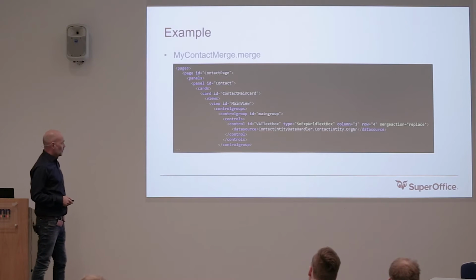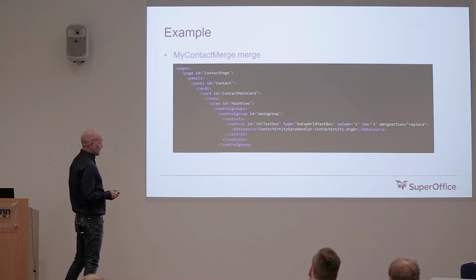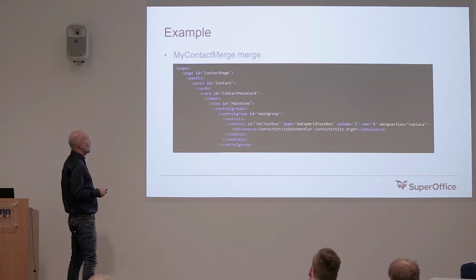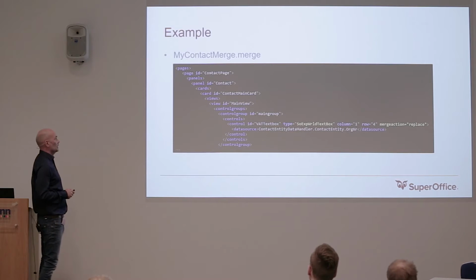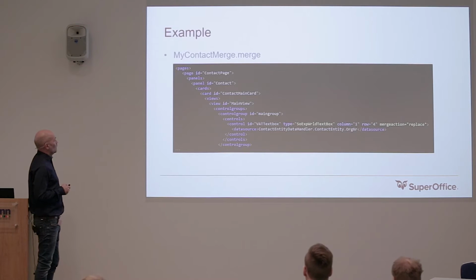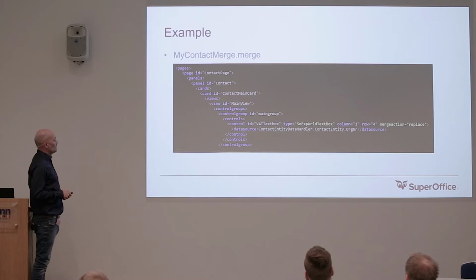This is an example of adding a text box to a control group in the existing contact page. So you make a file called myContactMerge, and the basic way this works is that the merge filter will find these IDs in the existing configuration file, and as long as it finds them, it will not add anything.